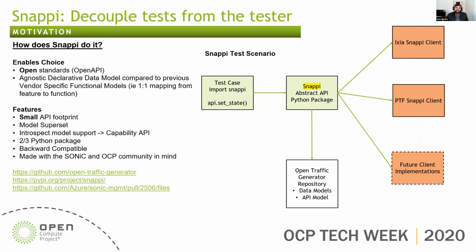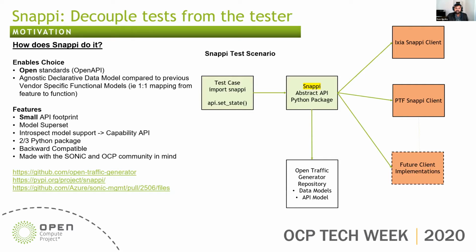Like I was showing in the previous picture, the whole idea of Snappy is to be able to run on any kind of backend client that is implementing the testbed. The motivation for this comes from the fact that when you look at previous APIs coming from test and measurement vendors, they are vendor-specific functional models where features map one-to-one to features provided by the hardware. And we understand that when somebody is writing a test for PTF or within the SONiC testbed, we don't want them to have to duplicate their work for that to run on one of our solutions.